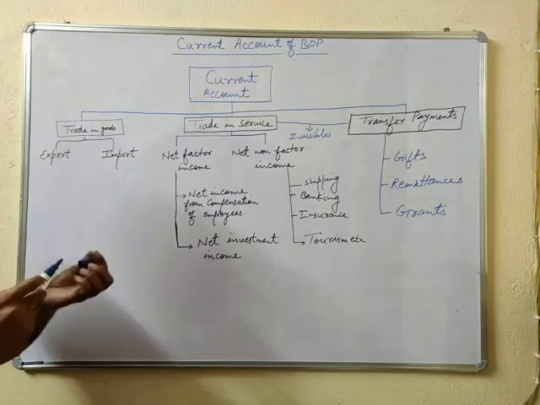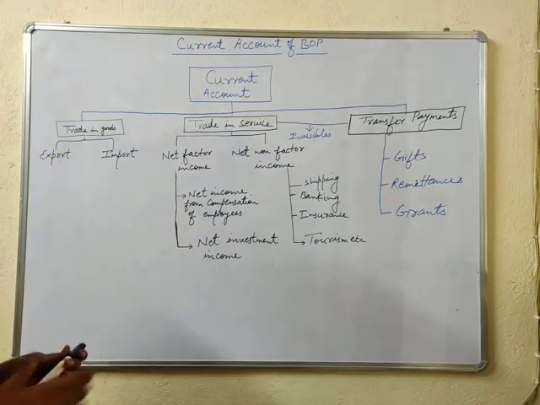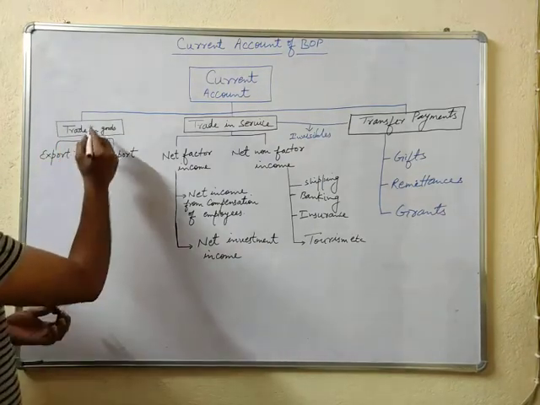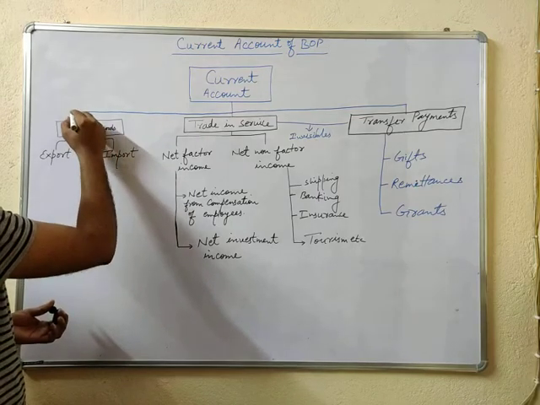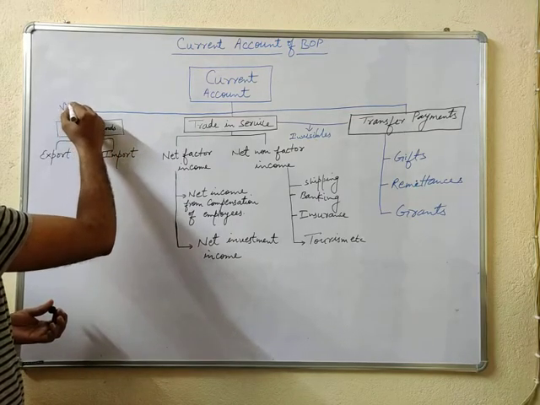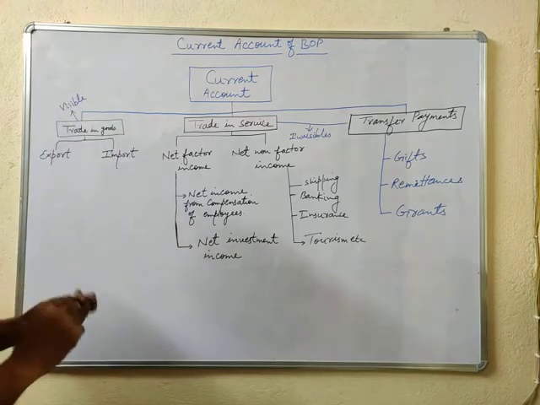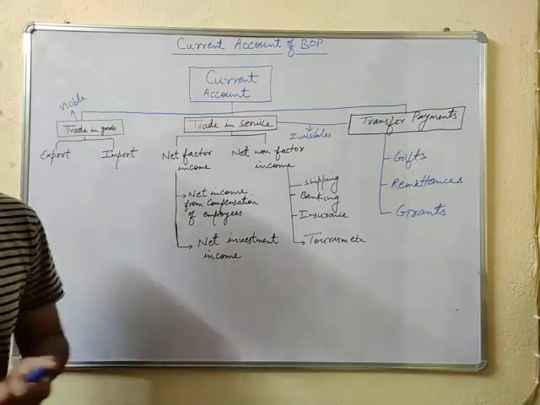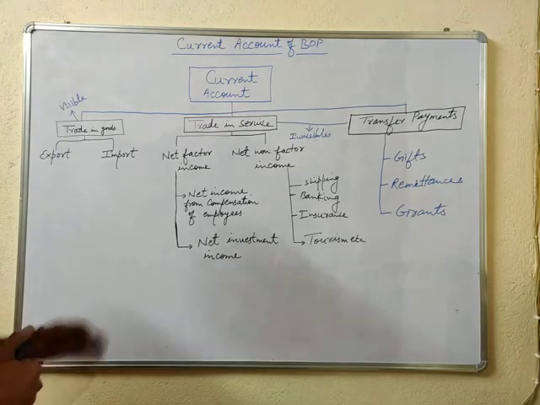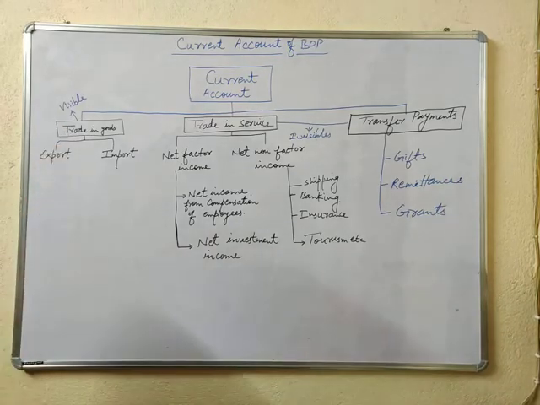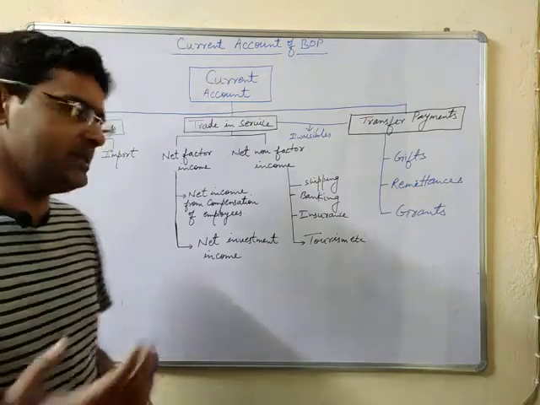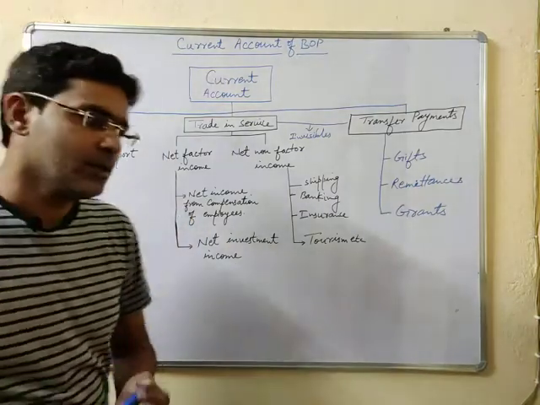And as you know, goods or commodities are visible when they cross the borders, so the trade which is done under this head is known as visible trade. So first, trade in goods, which implies visible trade.